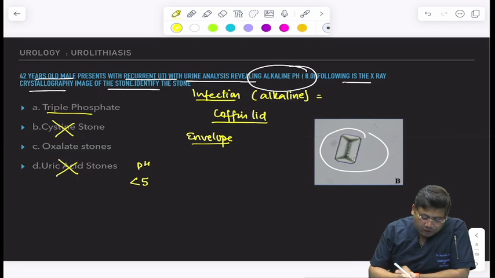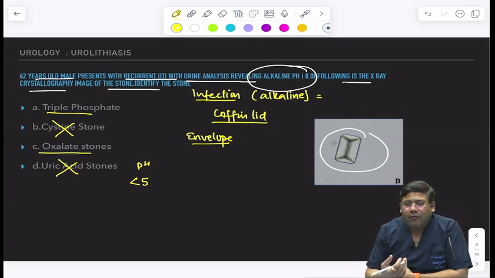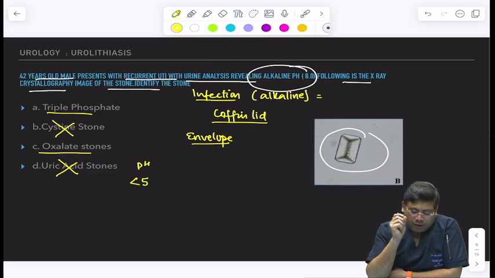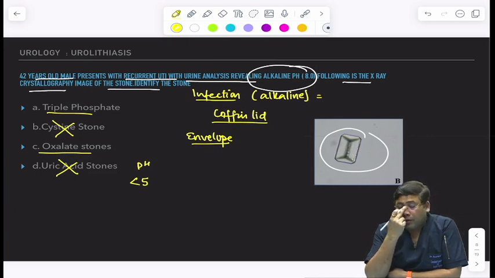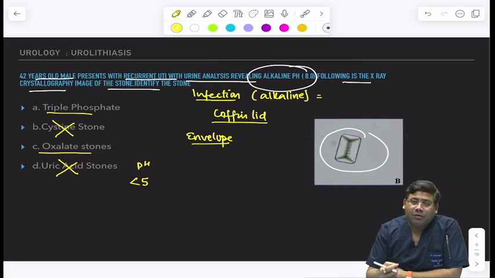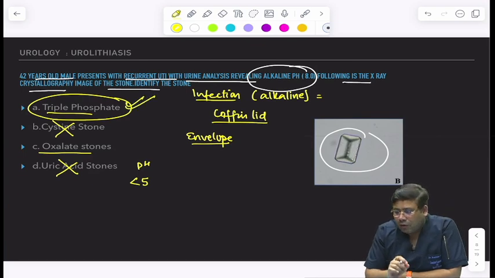Then we have triple phosphate and oxalate stone. Hematuria can be seen with any of them, but is more common with the oxalate stone. We have calcium oxalate monohydrate and calcium oxalate dihydrate. Dihydrate is envelope shaped, but this is not associated with infection, whereas triple phosphate is associated with alkaline infection. So yes, this is the best answer.